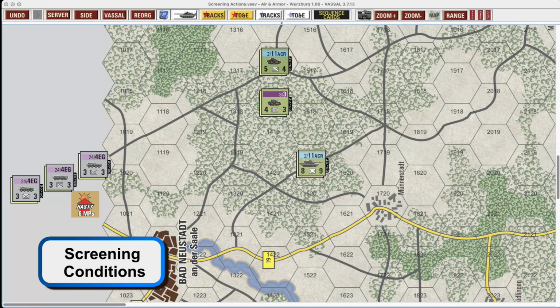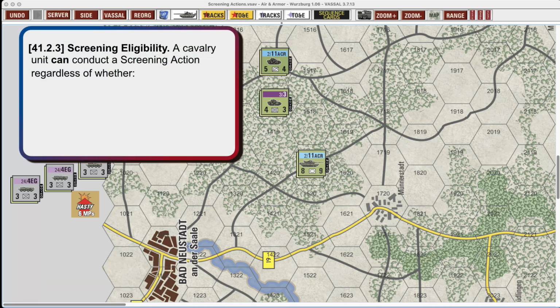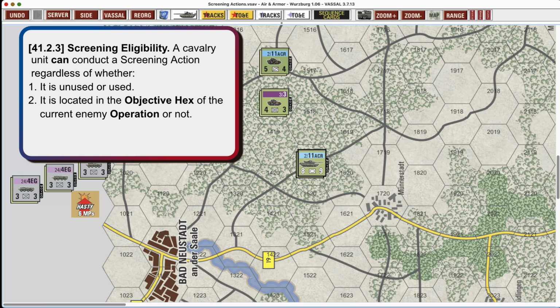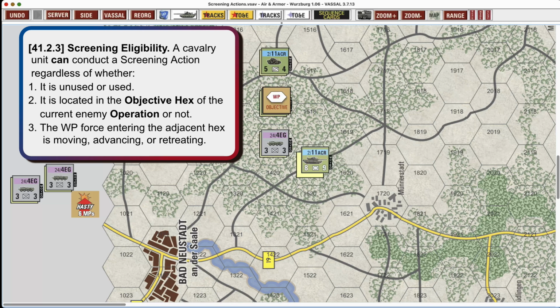Let's look at a few of the conditions for executing a screening action. A cavalry unit can conduct a screening action regardless of whether it is unused or used. It can conduct a screening action whether it is in the objective hex or whether it just happens to be adjacent to an enemy unit that is moving without the cavalry unit being in the objective hex.